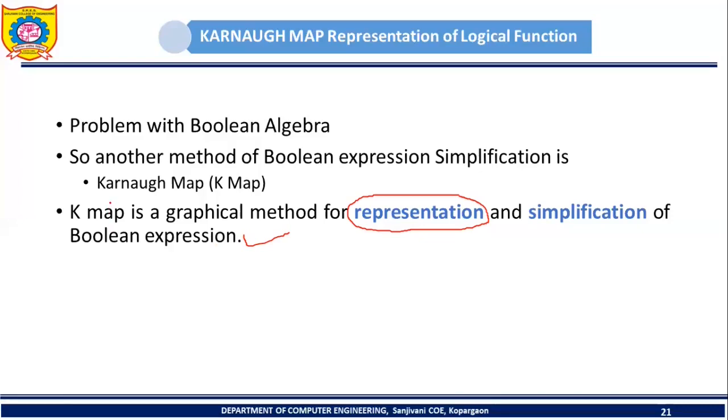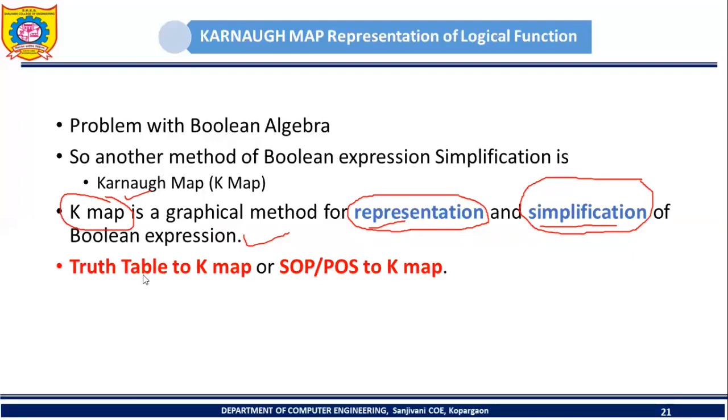In the same way, K-map is also one method that can be used for representing a given Boolean expression. But K-map is not only used for representation, it is also used for simplification of Boolean expressions. Using K-map for simplification is a systematic approach, because there are some predefined steps which we have to follow whenever a Boolean expression is to be simplified by using K-map.